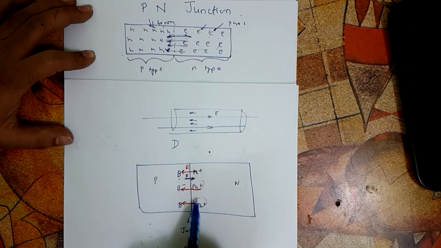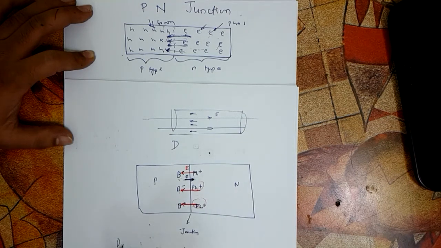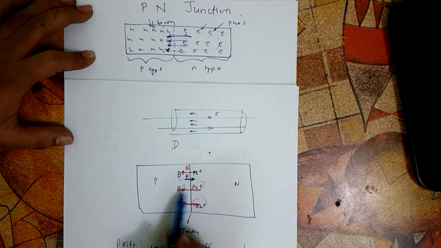And since there are very few positive and negative charges, the electric field is less. And if the electric field is less, this force is less. And if the force is less, the drift is less. So drift is small, and diffusion is large. So more are diffusing towards left and fewer are drifting towards right because of the force.